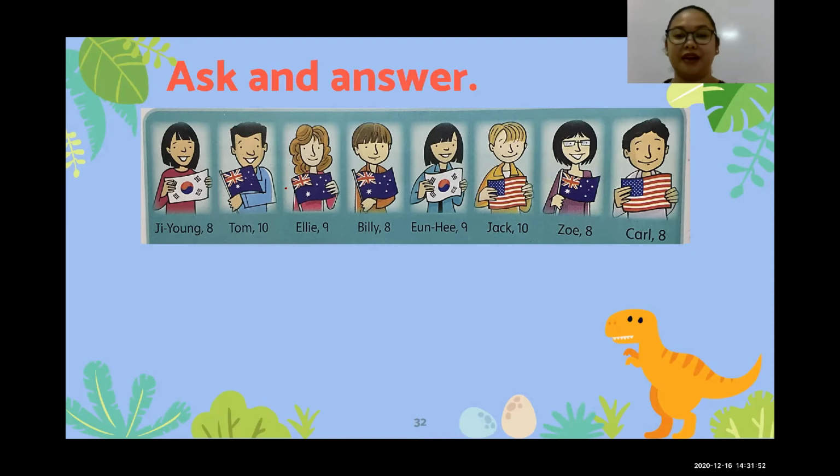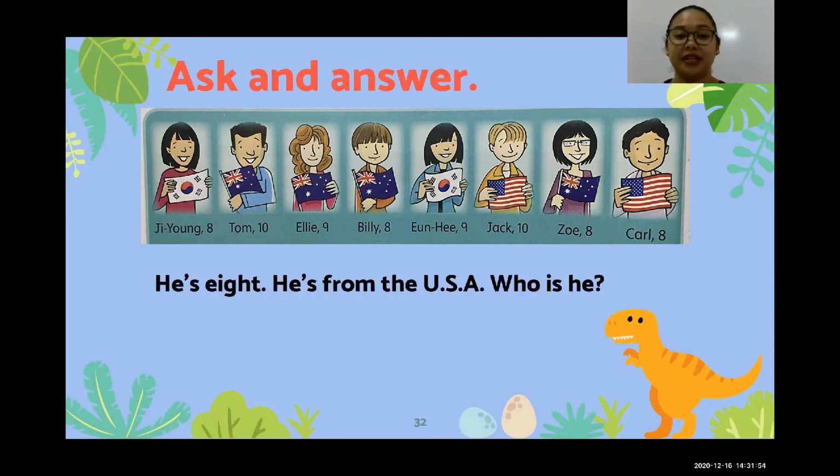Let's try to answer another one. Look at the pictures carefully. Let's read. He's 8. Again, look at our pronoun. He's 8. That means it's a boy. So let's look for a boy who's 8 years old. Here we have Billy. And then we have Carl.